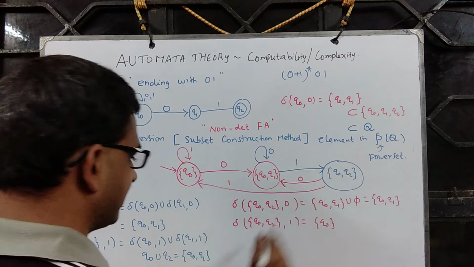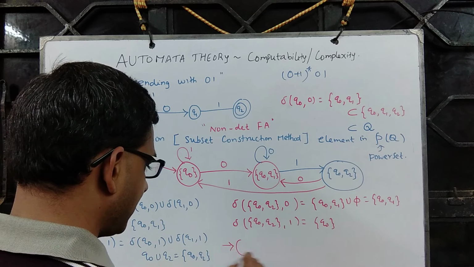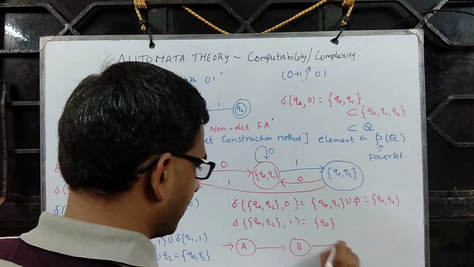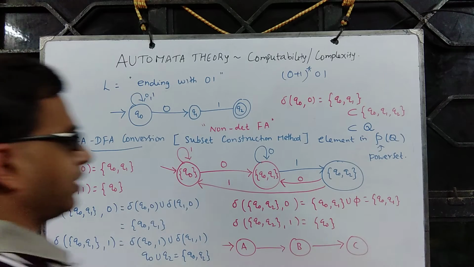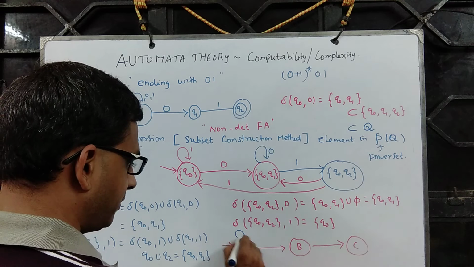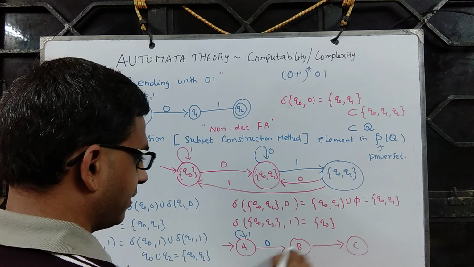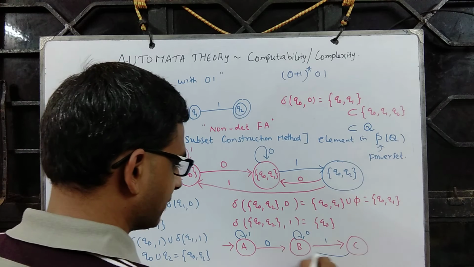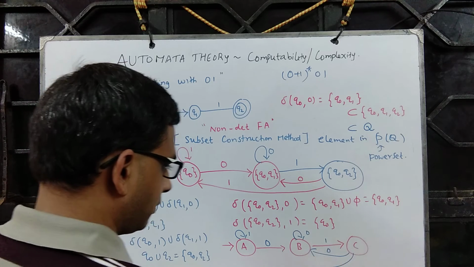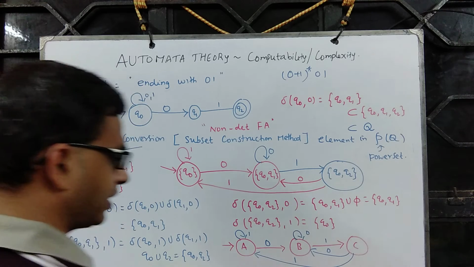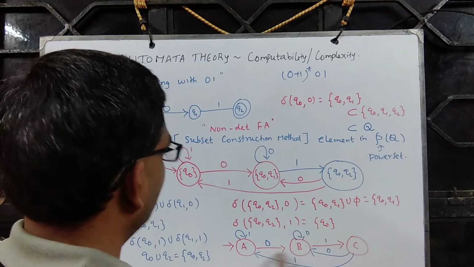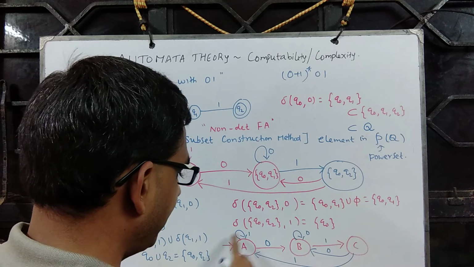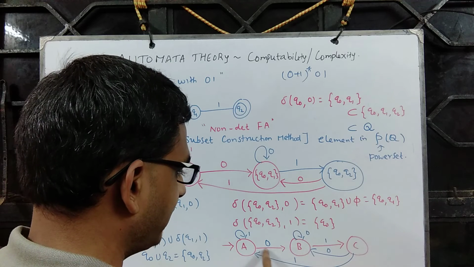Now these are all some states. You can relabel them as say A, B and C, and the rest of them are the same. Whatever we discovered above, the same transitions are applicable here as well. Now this clearly says it ends with 0, 1, and you can read any number of 1s followed by 0.